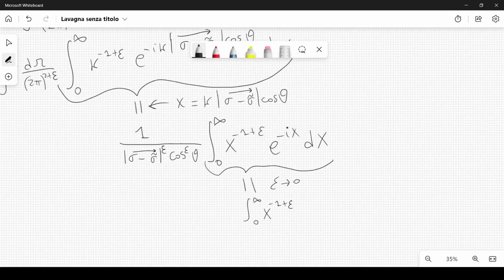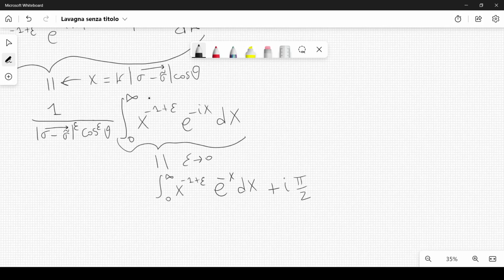And here, instead of the complex exponential, you can put a real exponential e to the minus x dx, and you get an additive constant plus i pi over 2. So you can show with complex calculus that this integral is equal to this when epsilon goes to 0. And as I said, you can check out the derivation in the appendix.